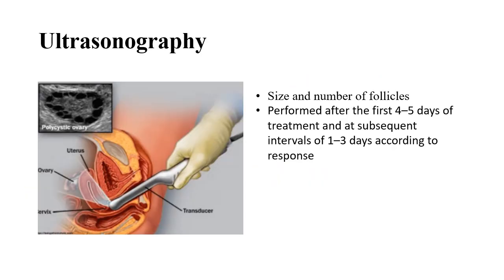After discussing the serum estradiol, let's discuss the role of ultrasound. So in ultrasound, what will we see? We'll see the size of the follicle and the number of follicles, and we'll perform the first ultrasound after 4 to 5 days of treatment, and then according to the response every 1 to 3 days.